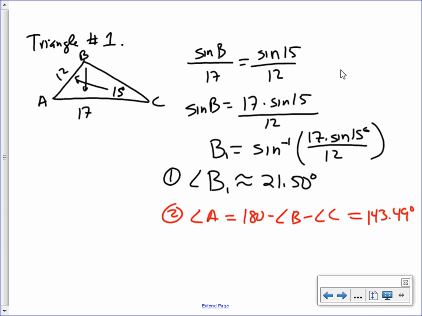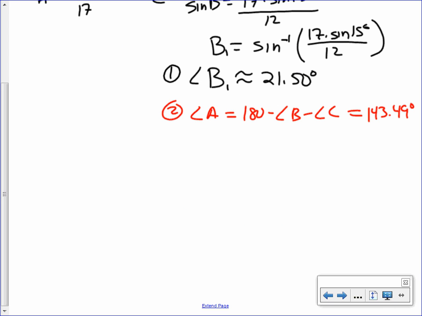You guys should have calculators out. And the last missing part would be side A. So A is to sine A, as we're going to use the given side again, 12 is to sine 15.